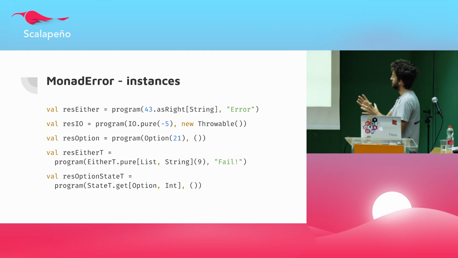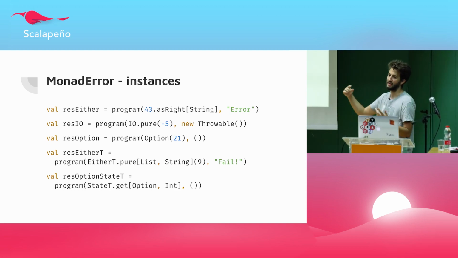So state t of list does not have an instance of MonadError, but state t of option does have one because option itself has one. So it basically can derive these things from the underlying monad, if that makes sense. And here, of course, because option only supports unit as its error type, we also have to use unit. So far, so good.